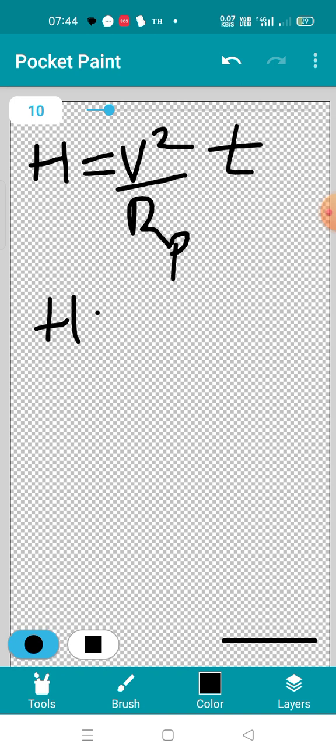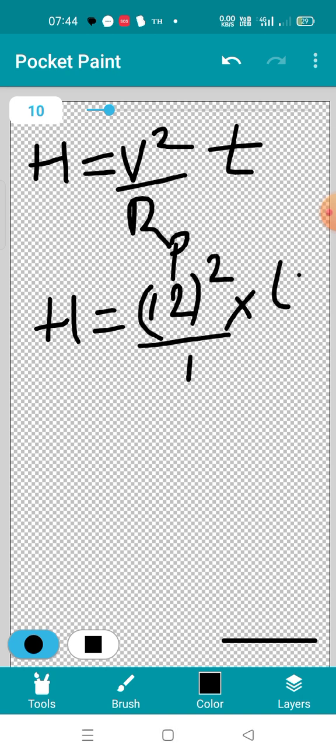So H is equal to, V value is 12, so 12 square, divided by 1 into T. So this will be 12 square by 1, that is 144 by 1.